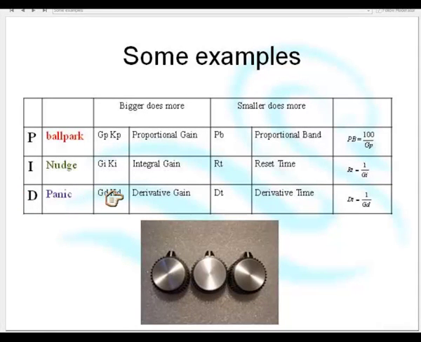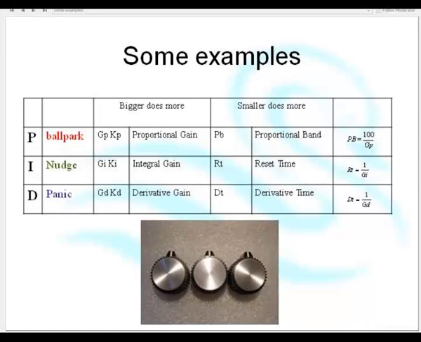Now the D term, if it's called a gain, making it bigger makes it more effective, and if it's called a time, making it smaller makes it more effective. The relationship between times and gains is just a reciprocal relationship. It's just 1 over it.